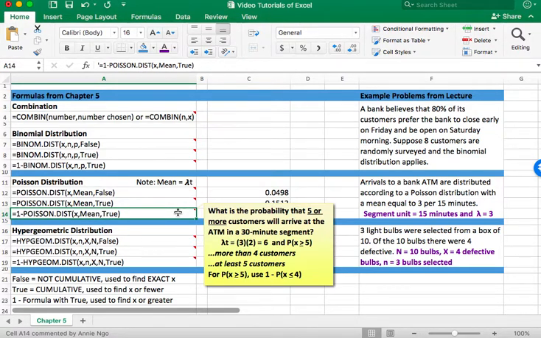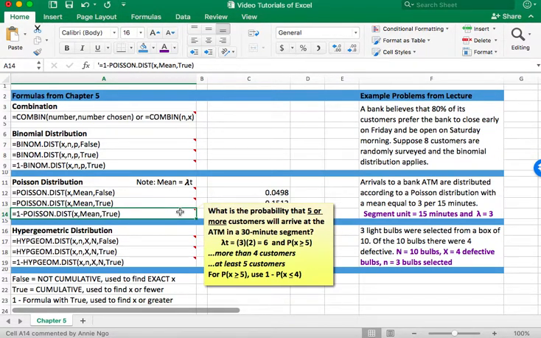Now, when we're working with greater than, you'll note that for the probability of x is greater or equal to 5, we actually use 1 minus the probability that x is less than or equal to 4, meaning we're using the cumulative value of just less than 5. So that's where your x is less than or equal to 4.